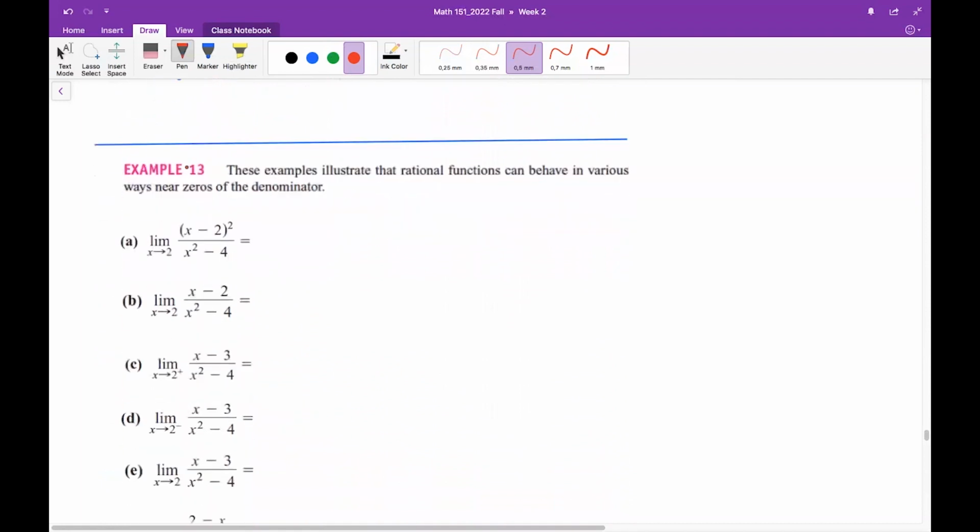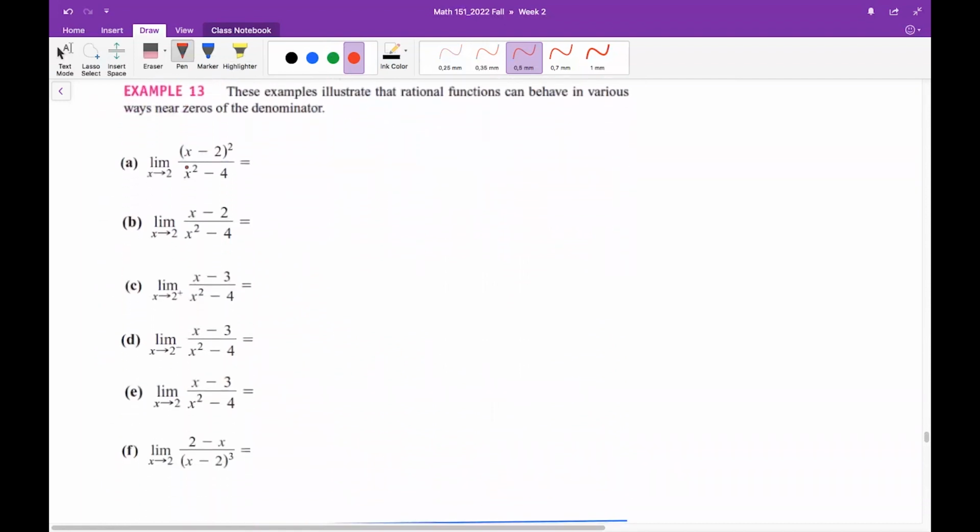Let's move on. Here is a nice example showing that rational functions can behave in different ways near zeros of the denominator. Let's compute the first limit quickly, as x goes to 2. We have x minus 2 times another x minus 2, and the denominator can be decomposed as x plus 2 times x minus 2.